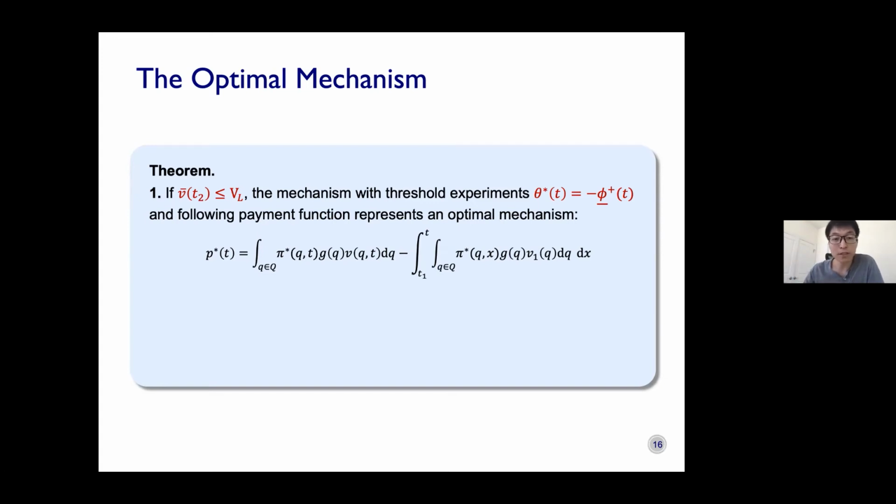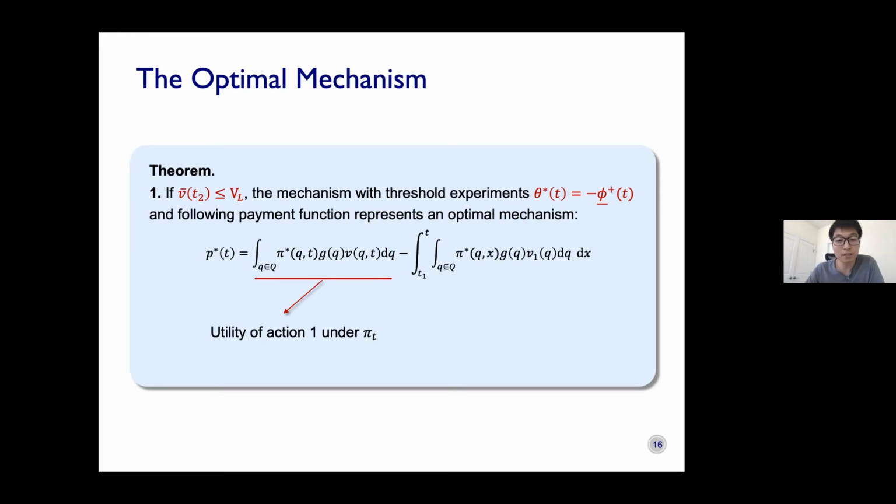So if V̄(t₂) is less than or equal to V_low, then the mechanism with the threshold experiments, where the threshold is simply the negative of the lower virtual value, and with the following payment function, represents the optimal mechanism. This payment function has some kind of intuitive explanation, so let me try to explain.